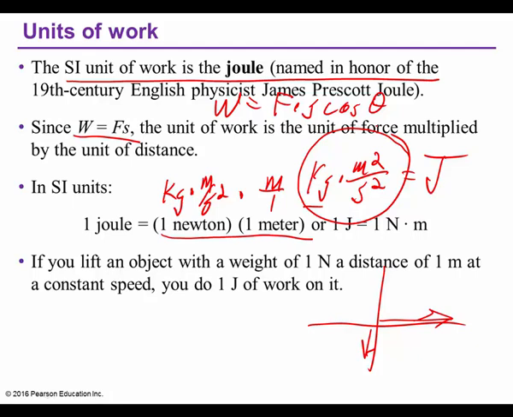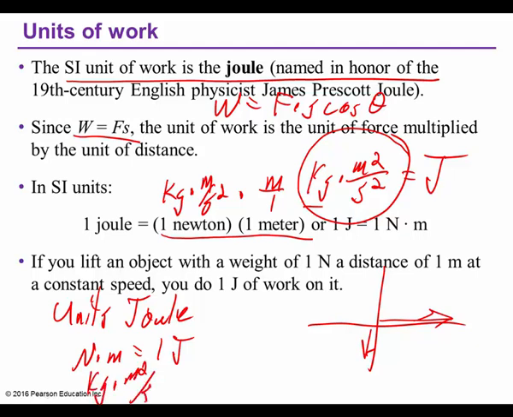You follow me? If I were you, on my formula card, for the units of joule, I would write a Newton meter, 1 joule, but I'd also write kilogram meter squared per second squared.